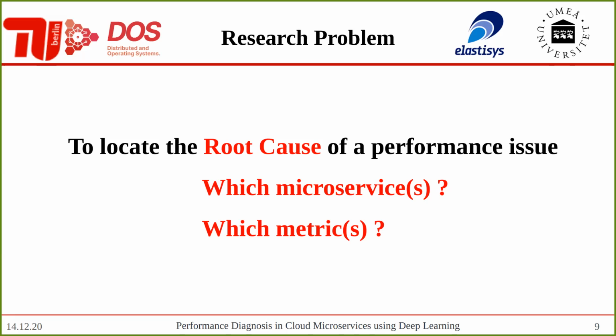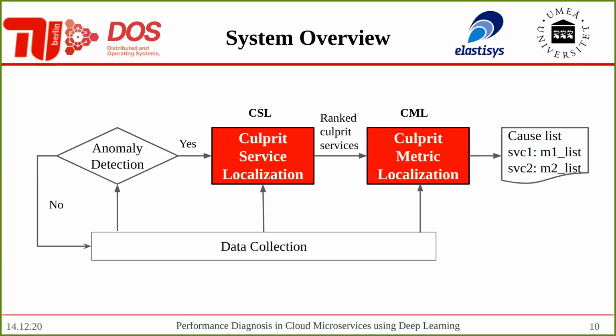To address this fine-grained root cause localization, we propose a system. This is the system overview. In all, we have 4 modules. First, we collect the data from the application level and the system level with our data collection module. Then we continuously detect anomalies on the response time of each microservice, which affects the user experience. If an abnormal response time is detected, it triggers the culprit service localization.